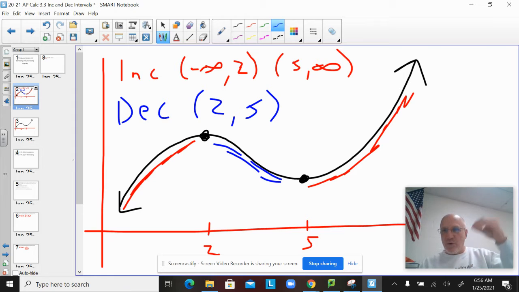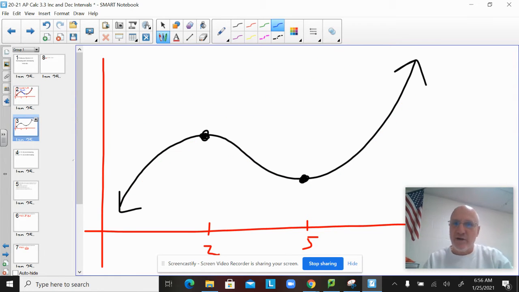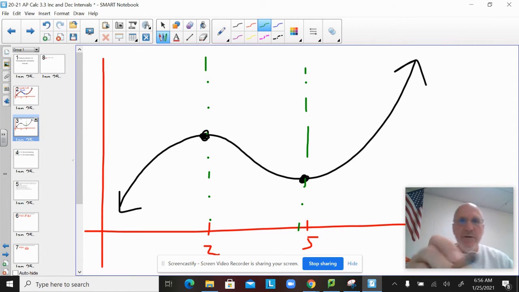So you've talked about that before. Well, now we're just going to relate that to the derivative. So what do we know about the derivative while a function is either increasing or decreasing? I've got the same picture here. Let me draw some boundaries here and there. So let's talk about the two increasing intervals, which are the two extreme intervals here.